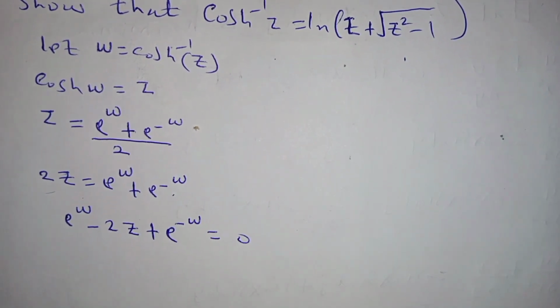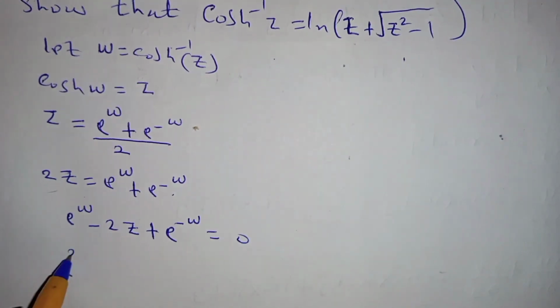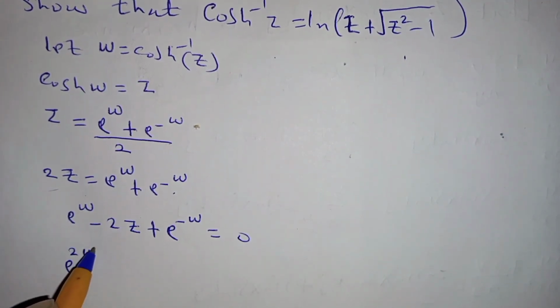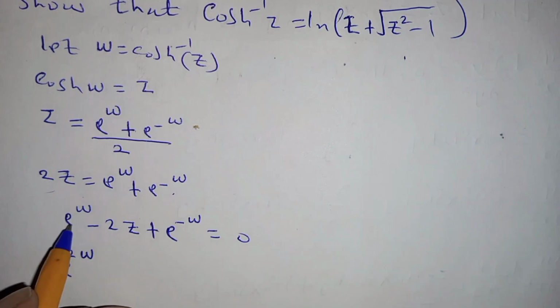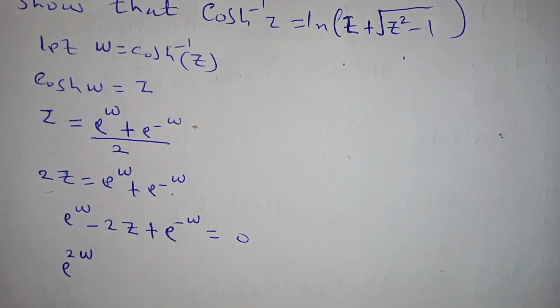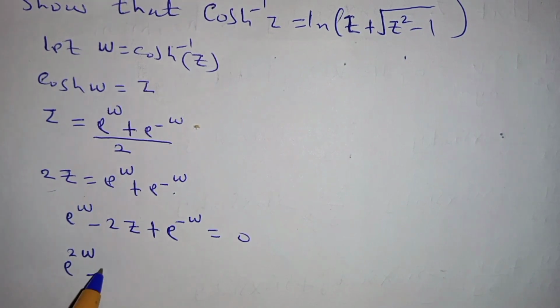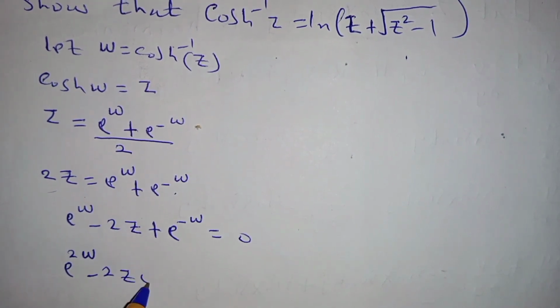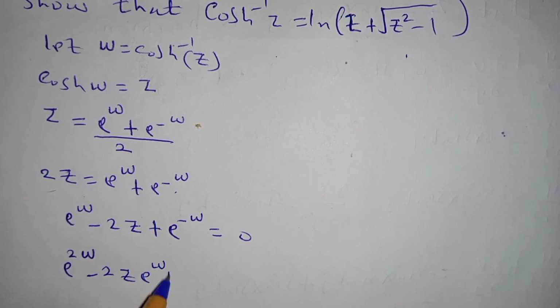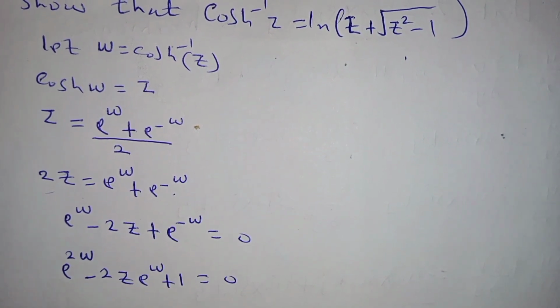Then we multiply by exponential w throughout so that we obtain the following: e to the 2w minus 2z e to the w plus 1 is equal to 0.